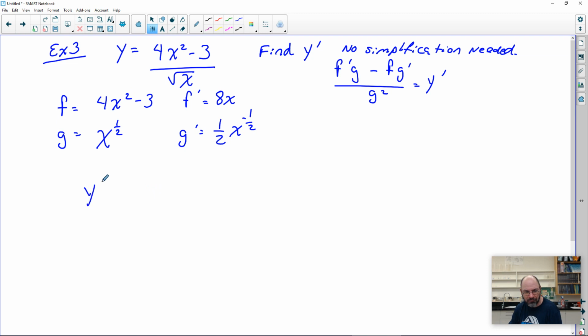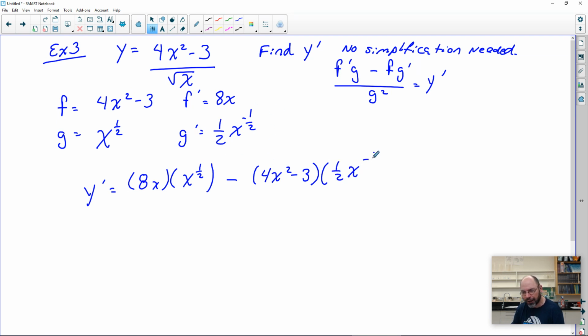So we'll go y prime equals 8x times g, which was x to the 1/2. Subtract f, which was 4x squared minus 3, times g prime, 1/2 x to the -1/2.